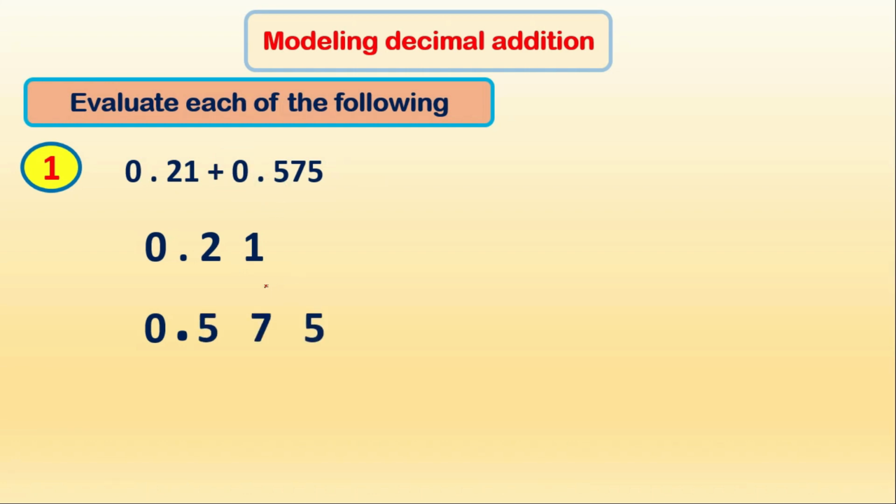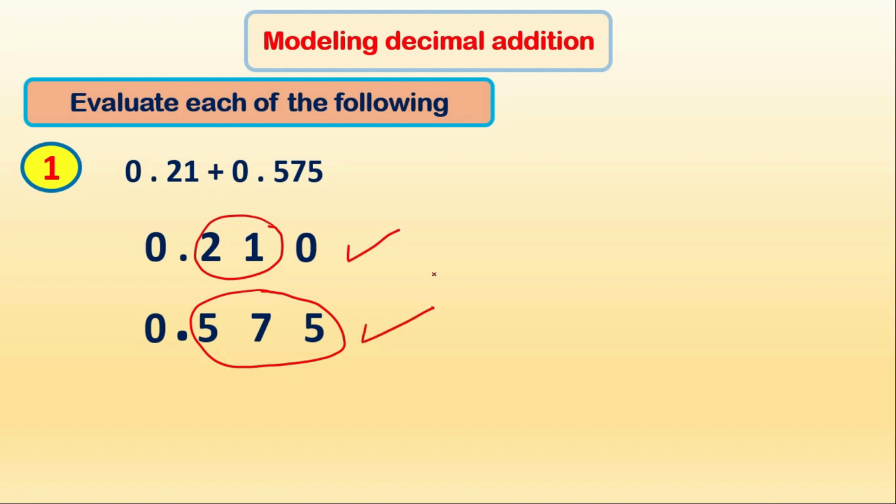Then the next step, look at the first number. There are only two digits in the decimal part, but in the second number there are three digits in the decimal part. So now you have to put 0 to the right of the last digit in the decimal part. Then the two numbers have the same number of digits in the decimal part: the first number 3 digits, and the second number 3 digits.